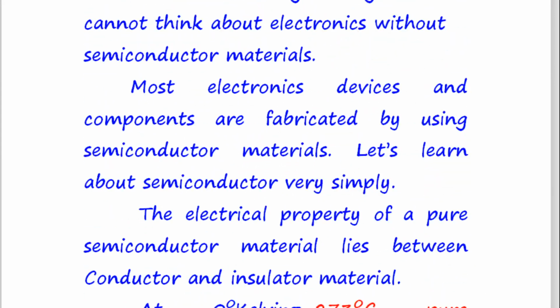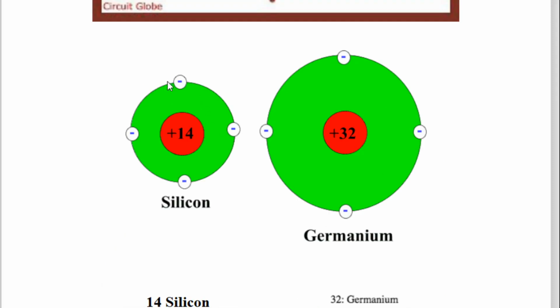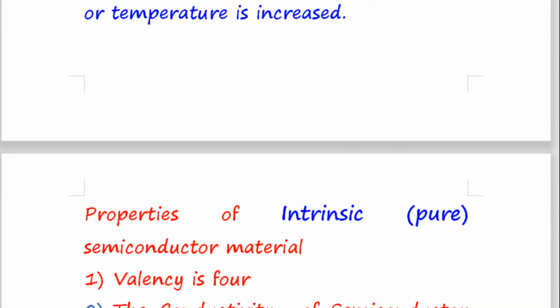Here 1, 2, 3, 4 valence electrons are there. Here again 1, 2, 3 and 4 valence electrons are there. So here again you see 4 valence electrons are shown. In this way, the valency of semiconductor material is 4. That is property number 1.